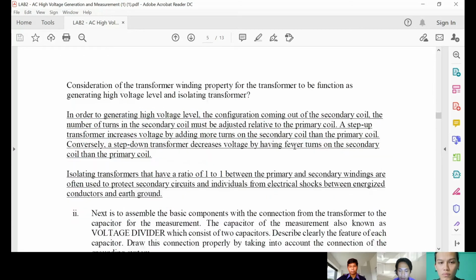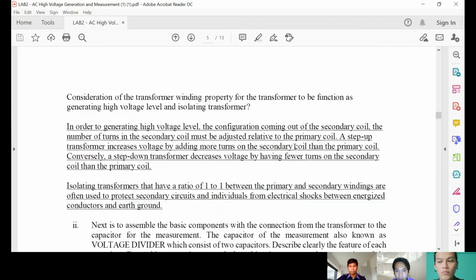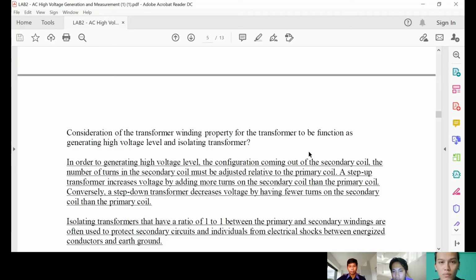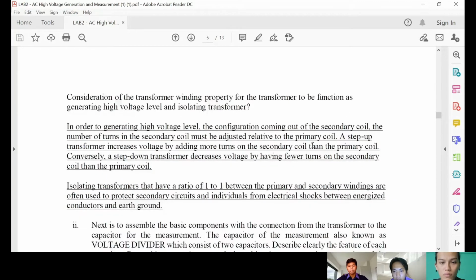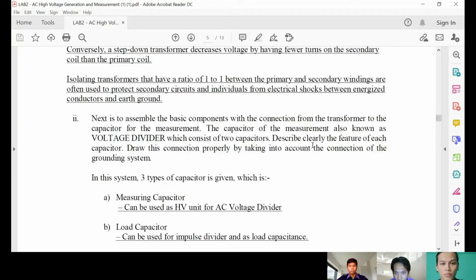You will see the connection at the bottom of the transformer drawing that connects to PX and IPU. With this connection, we can have a range of 0 to 100 kV. After that, we will connect to the capacitor, which is our capacitor divider. As you can see, the connection is there.